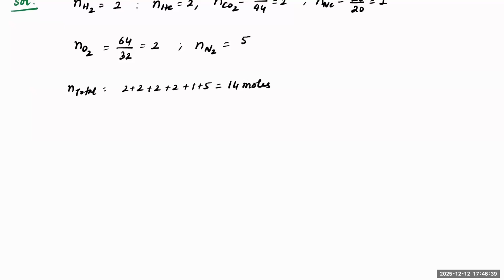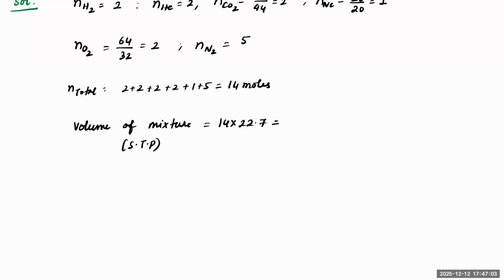Yes. Therefore, I can calculate what is the volume of mixture of gases. Volume of mixture of gases includes 14 times 22.7 if it is mentioned as STP, while if it is mentioned as NTP, you will use 22.4. That's it. Clear?